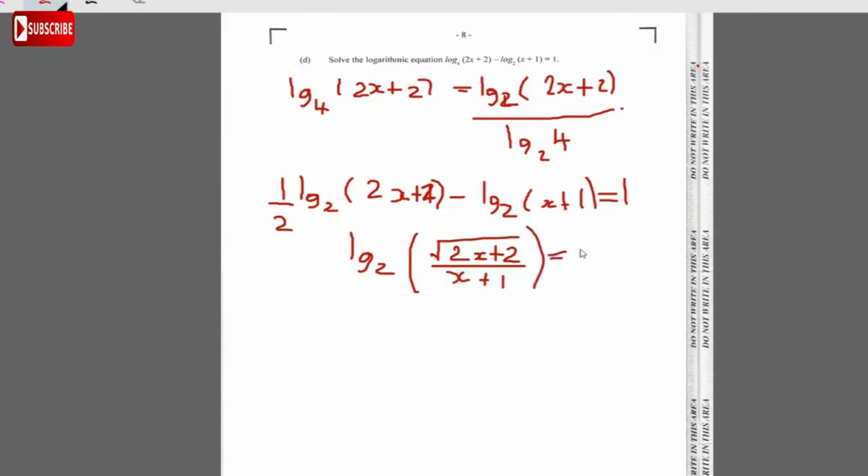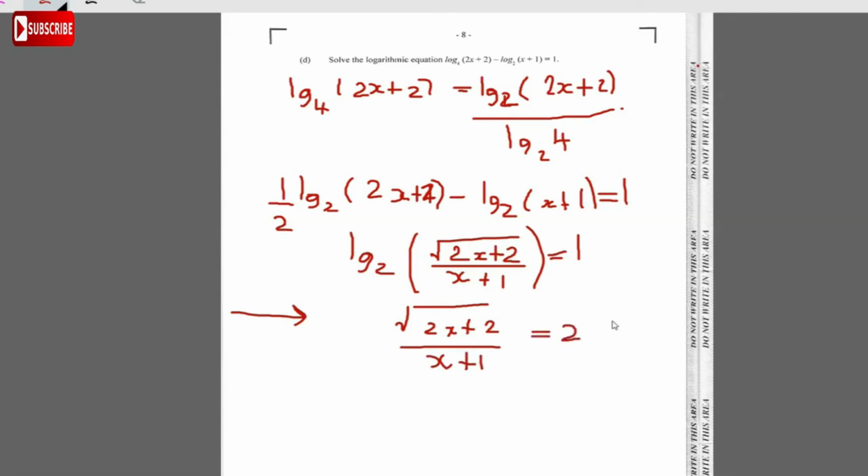If this is equal to 1, what can we do? Well, the log to a base of a number is equal to a power, so this implies that the square root of 2x plus 2 over x plus 1 is equal to the base to the power, so this is equal to 2.